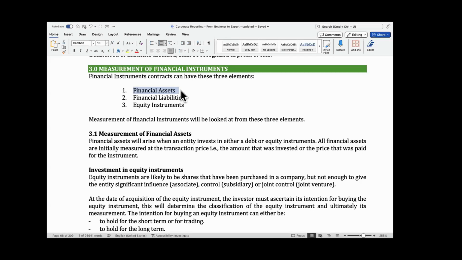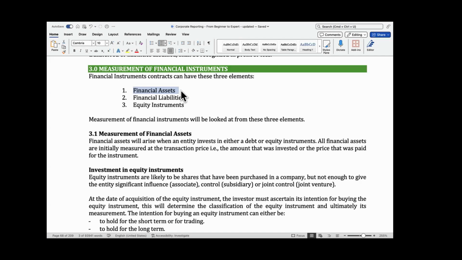When you do this classification, it's the classification that will determine the measurement at the end of the year. If you had classified the investment in shares at fair value through P or L, you measure it at fair value through P or L. If you had classified it at fair value through OCI, you measure it at fair value through OCI.